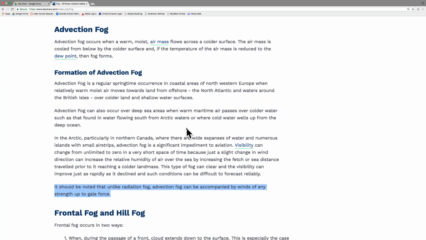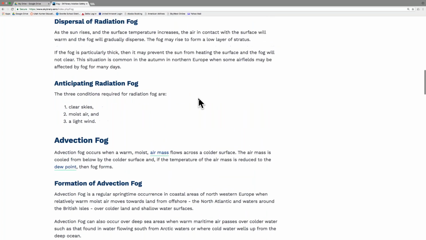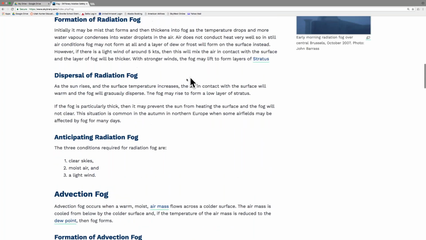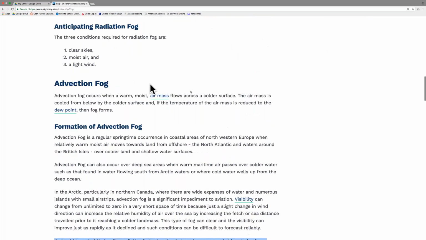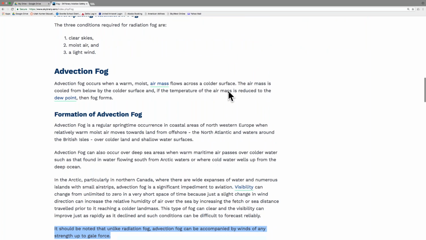The difference between advection fog and radiation fog is, like I said, radiation fog is formed from a warm surface, whereas advection fog is formed from a cold surface.